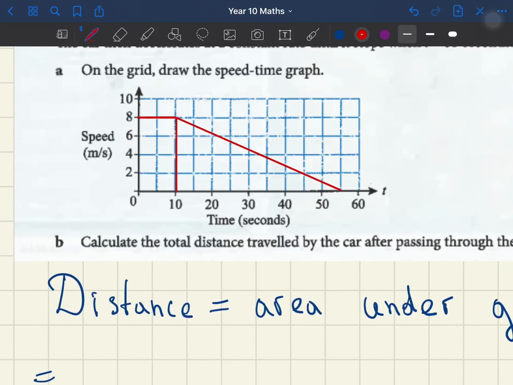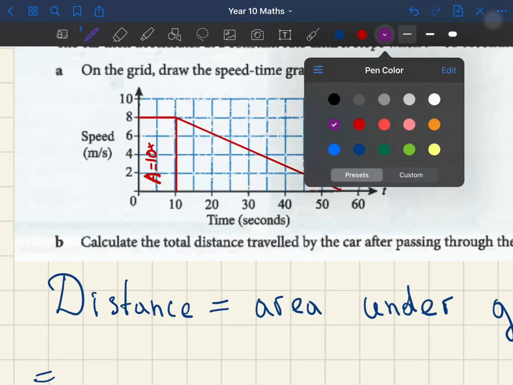For this rectangle, the length is 10, so it's 10 times the width, which is 8. I know this is a little deceiving because this actually looks longer, but don't forget we use different scales and different units.